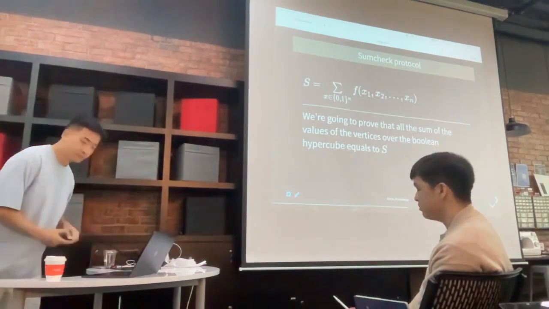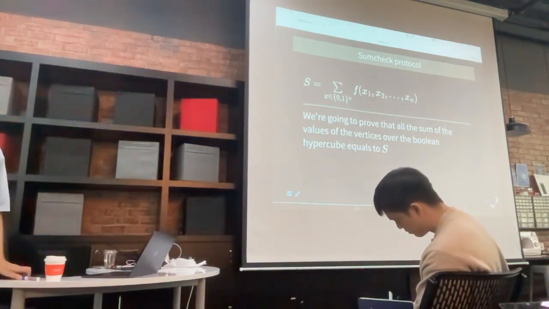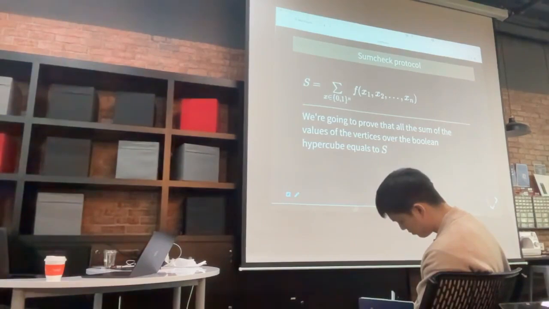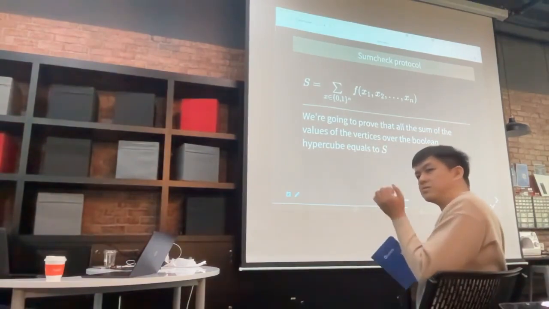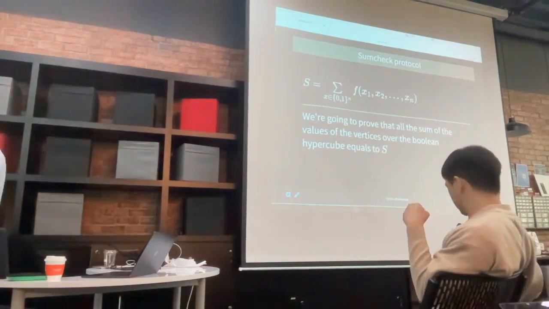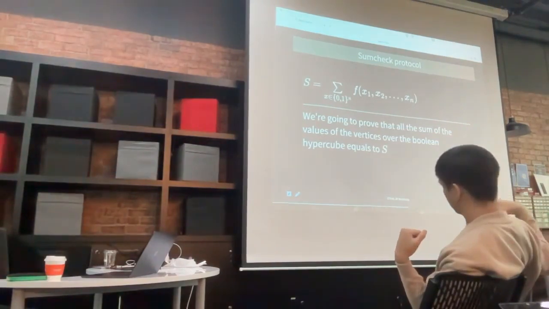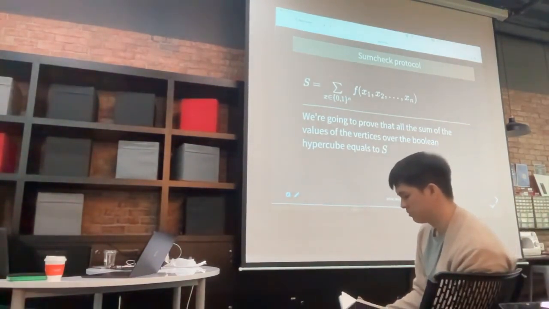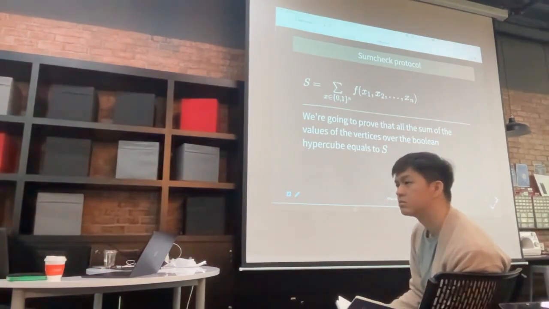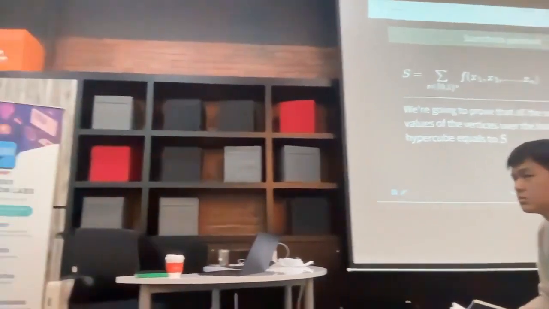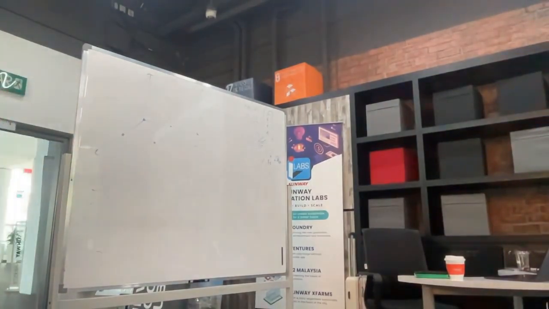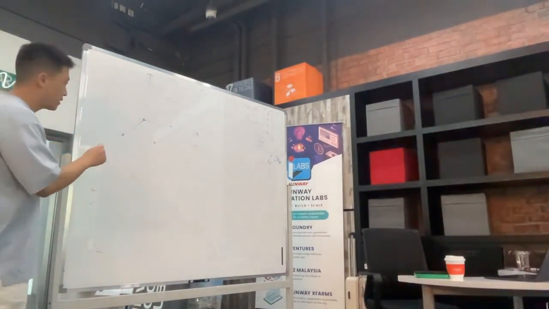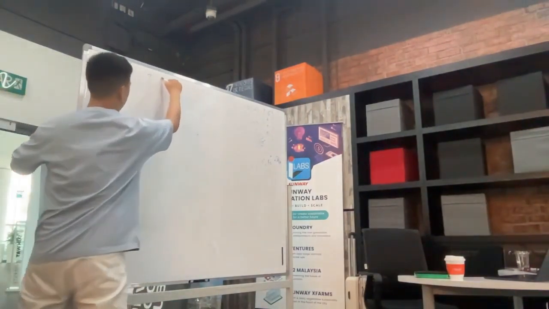Let's draw that again. We're going to use a two-dimensional Boolean hypercube, so we have 0, 0, 0, 1 like this, and then we have two different hypersurfaces that look like this.